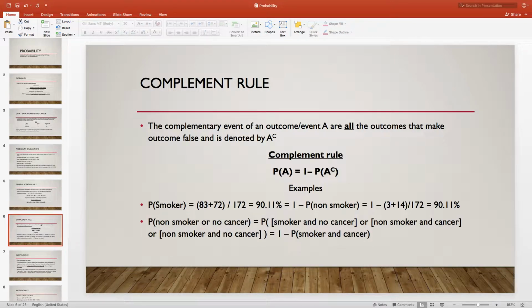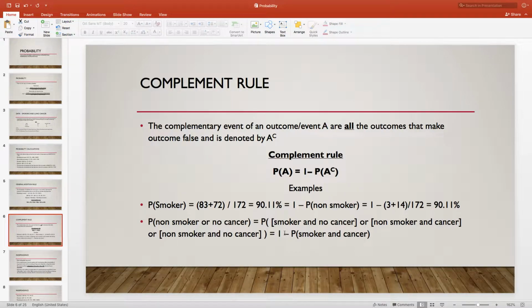Okay. Now, for the probability of being non-smoker or no cancer, the complement rule makes this easier to calculate. If I want to calculate the probability of non-smoker or no cancer, I could use the general addition rule, and that would say: what are the odds of being a smoker and no cancer, or non-smoker and cancer, or non-smoker and no cancer.